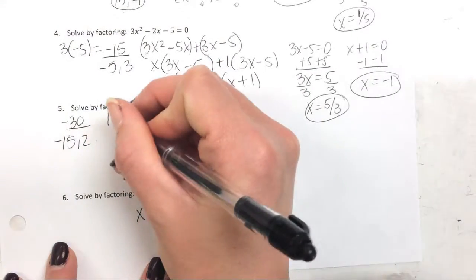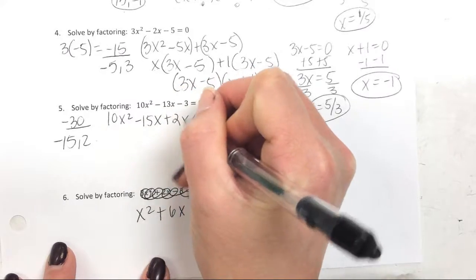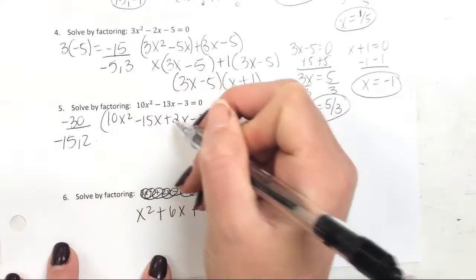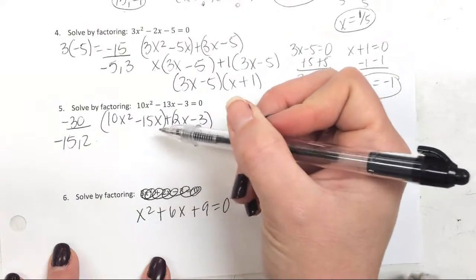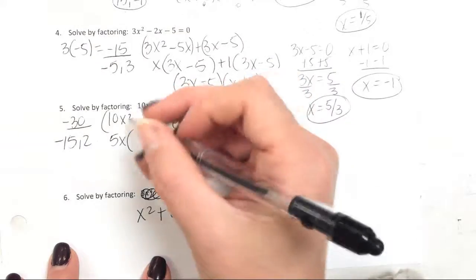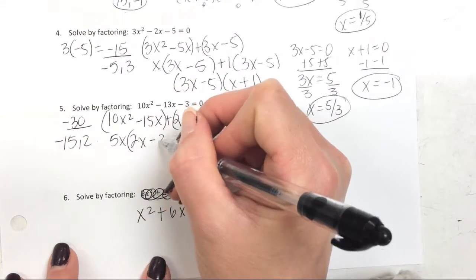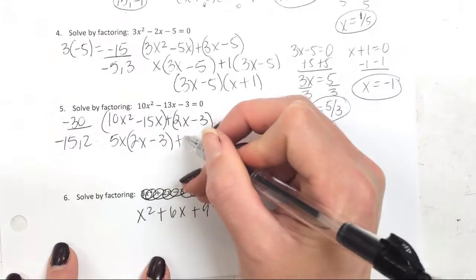So I'm going to replace the middle term, group them. Greatest common factor here is going to be a 5 and an x. So inside I'll need 2x minus 3. So over here, I noticed they're the same, so I'll just put a +1 out front.